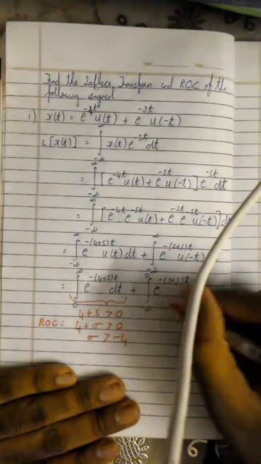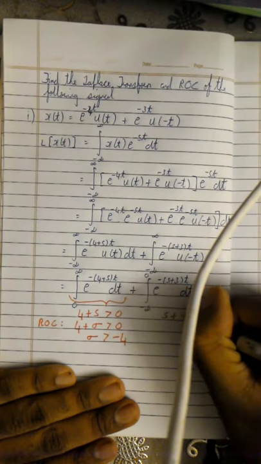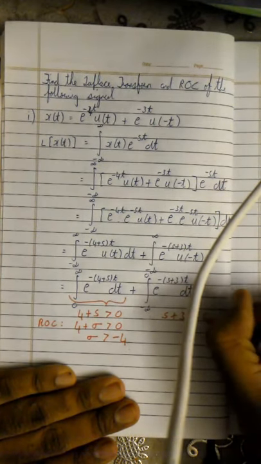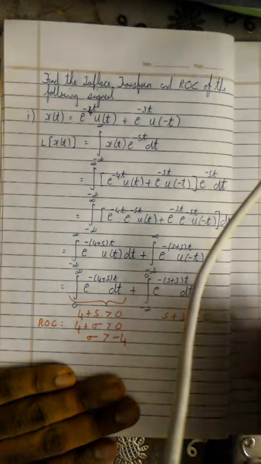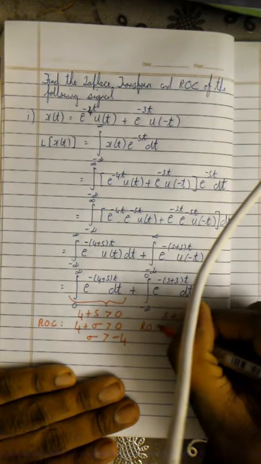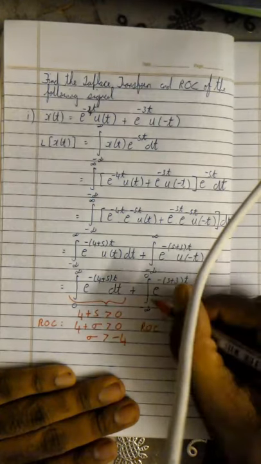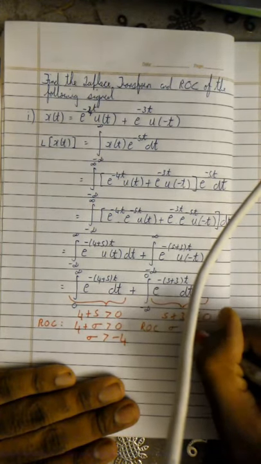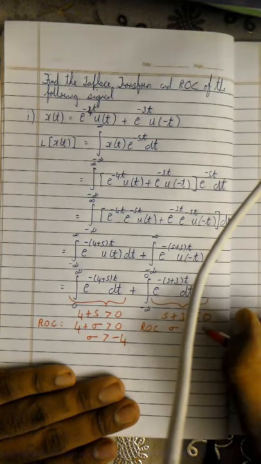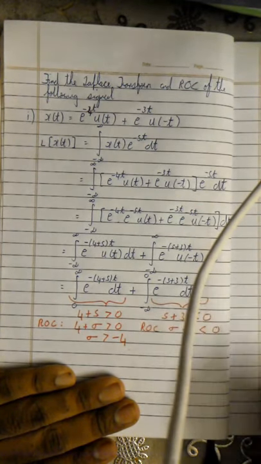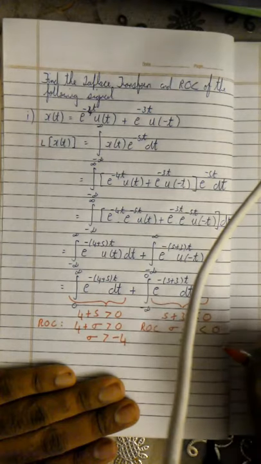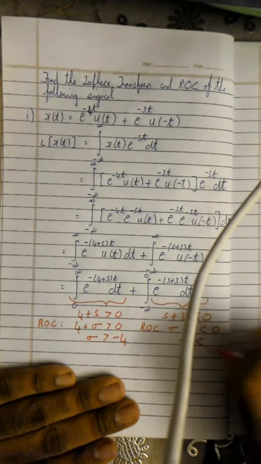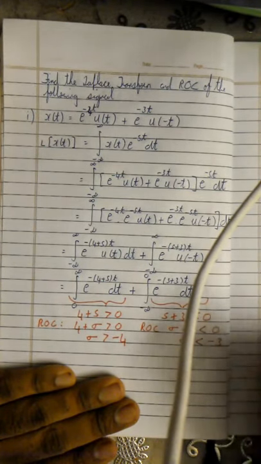Therefore the ROC of the second term is sigma plus 3 must be less than 0, or in other words, sigma must be less than minus 3.